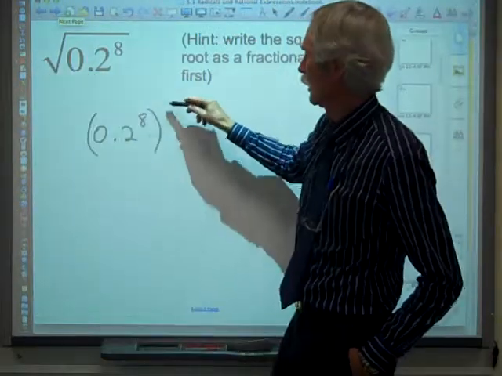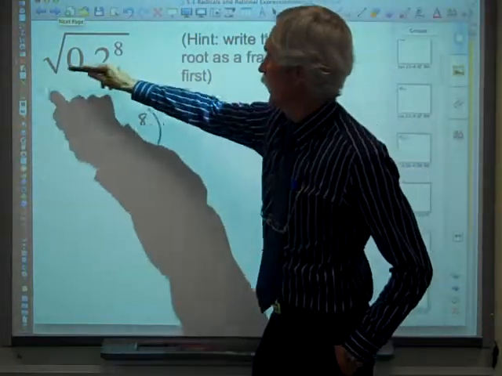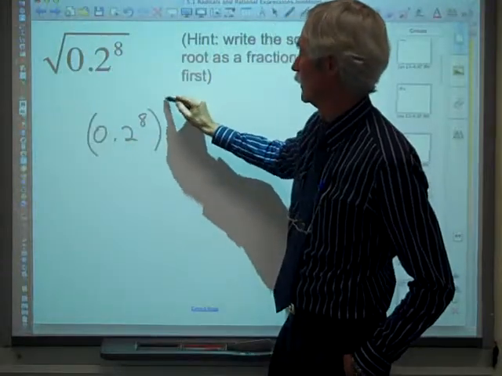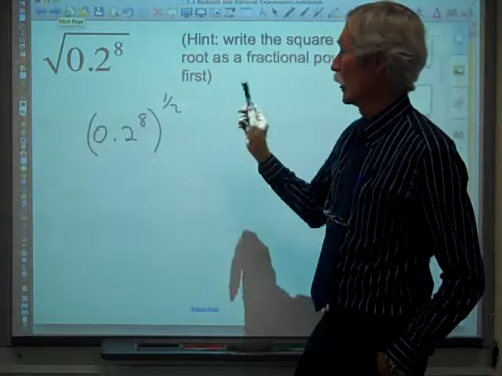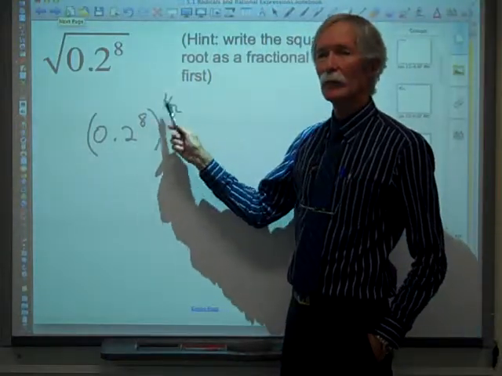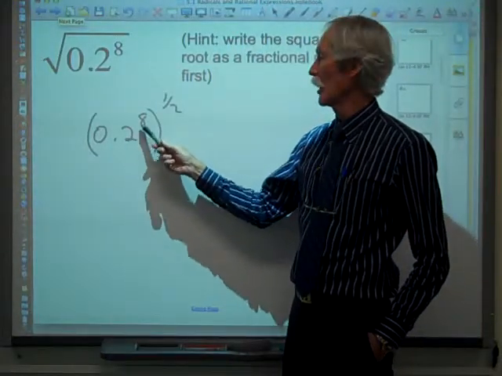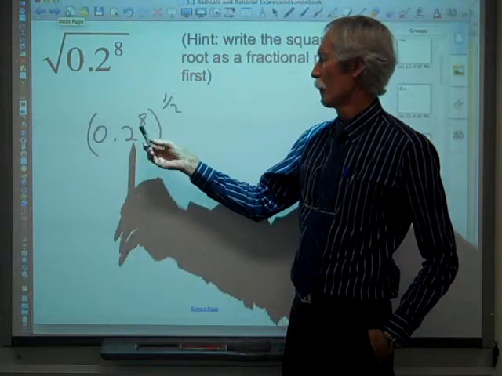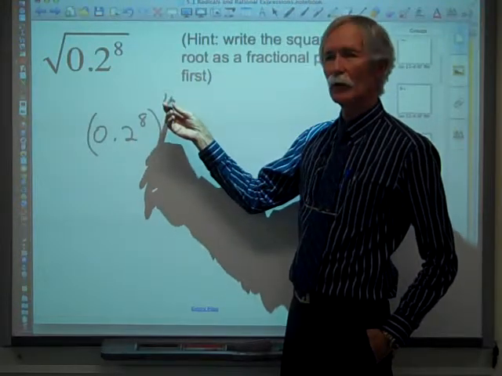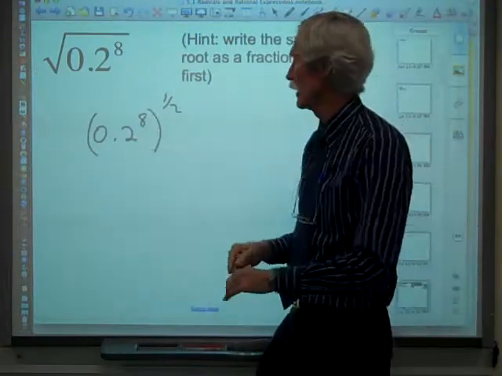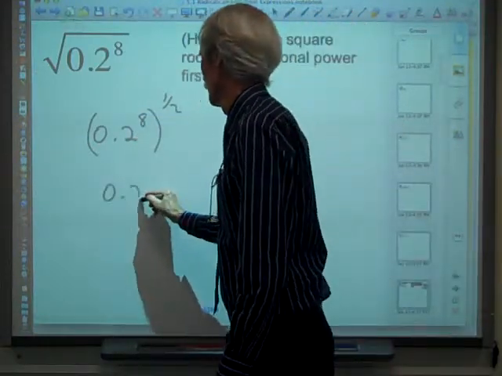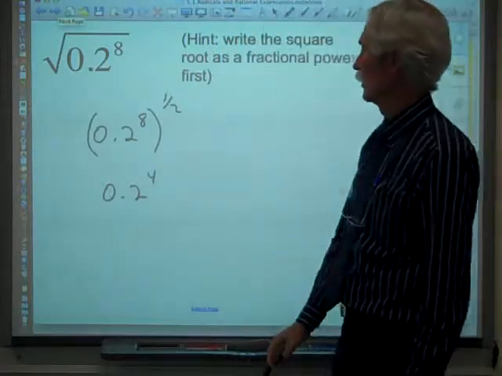Square roots turn into what kind of power? Wasn't a square root power a half? What do you do when you're multiplying powers, when you have a power to a power? If you have a power to a power, you multiply. What's half times 8? 4. 0.2 to the 4th.